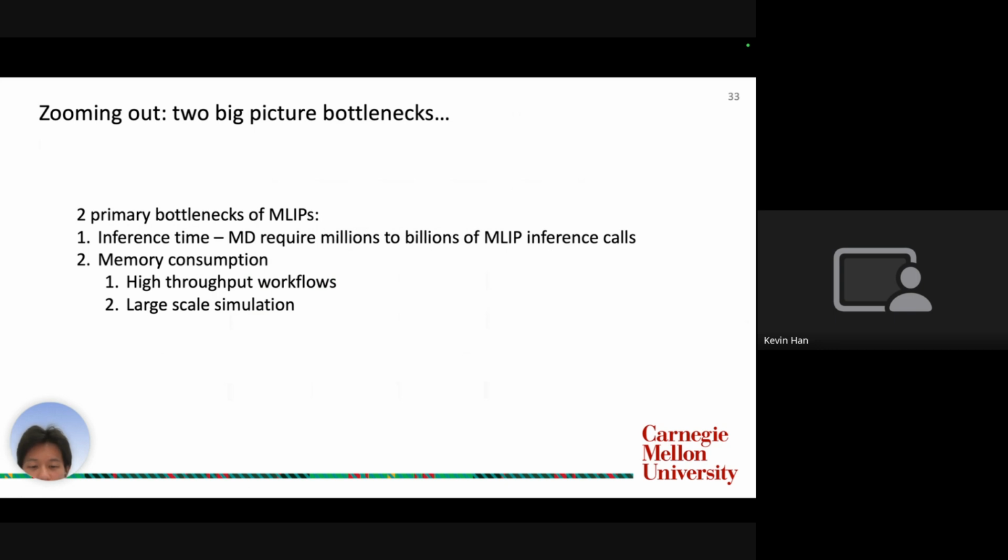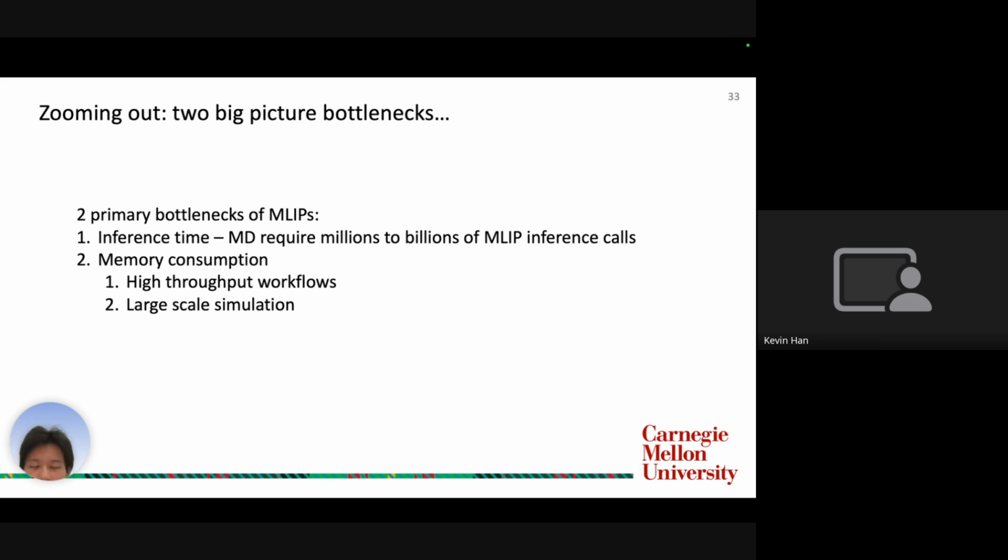I'll move on to some of our more recent work on smooth cutoffs. If we zoom out from the notion of throwing more GPUs at the problem in order to increase scale or decrease inference time, we noticed, and maybe this is a little obvious, that there are two primary bottlenecks for MLIPs.